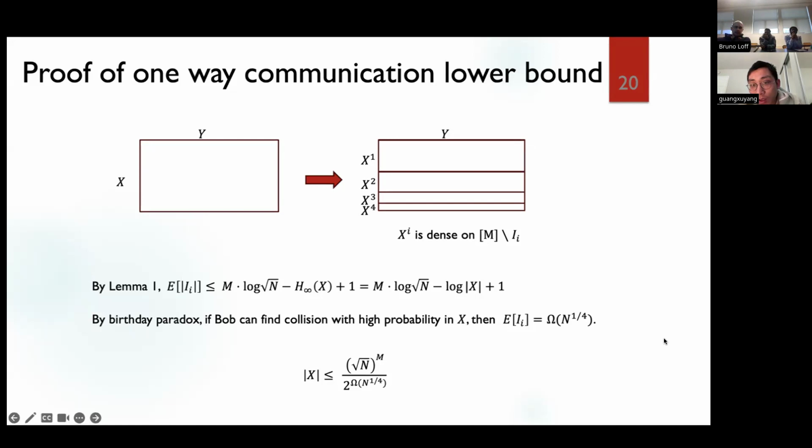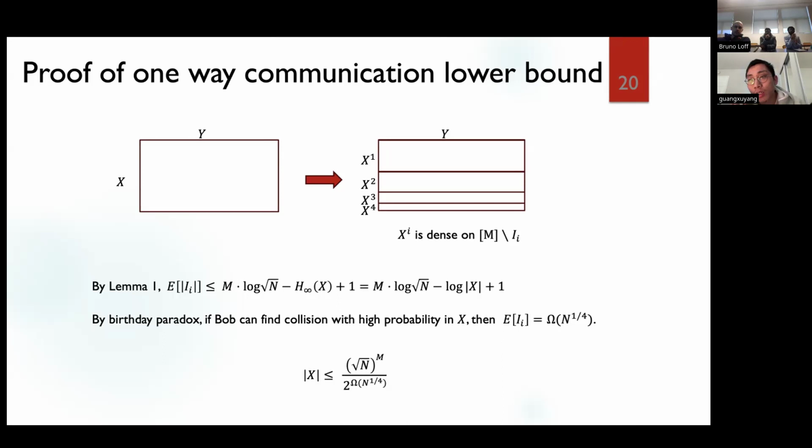What you're saying is that if you fixed fewer than n to the 1/4 coordinates, then in the remaining coordinates there is a lot of min entropy near maximum. And the distribution is conditioned uniform, right? On the strings, right? Yeah.